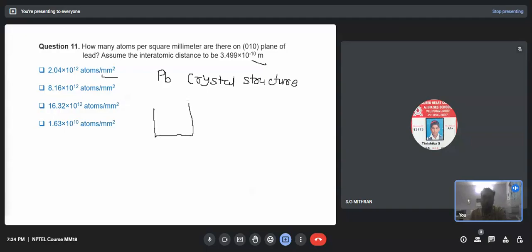I'll just write it down. Okay, so lead will be simple cubic.